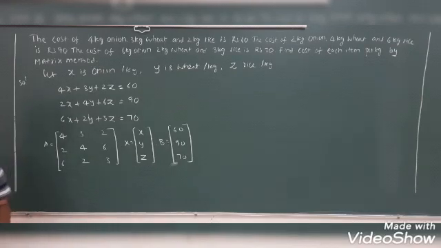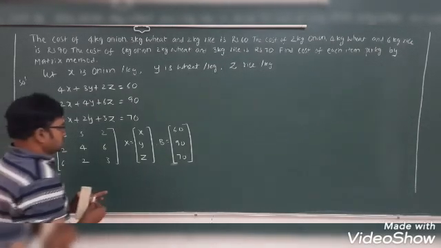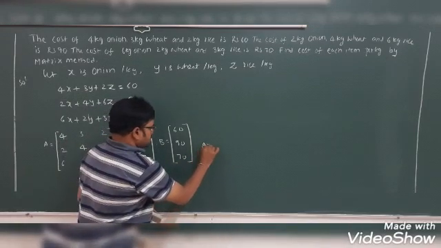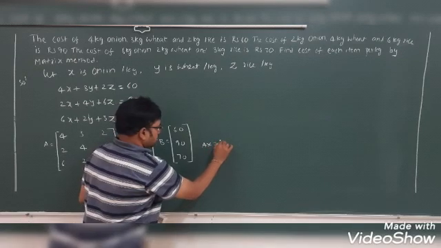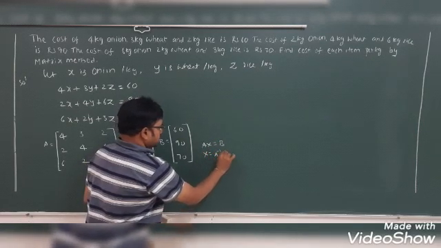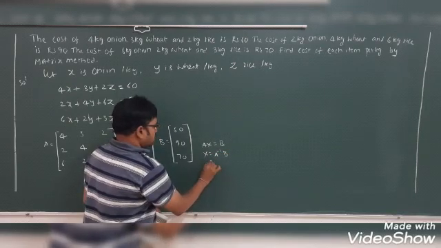How to find these values? See here, AX is equal to B, and X equal to A inverse into B. But how to find A inverse?